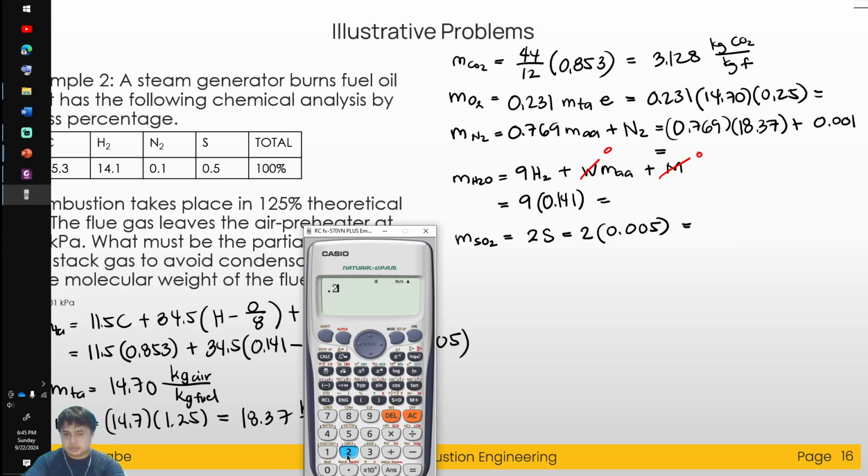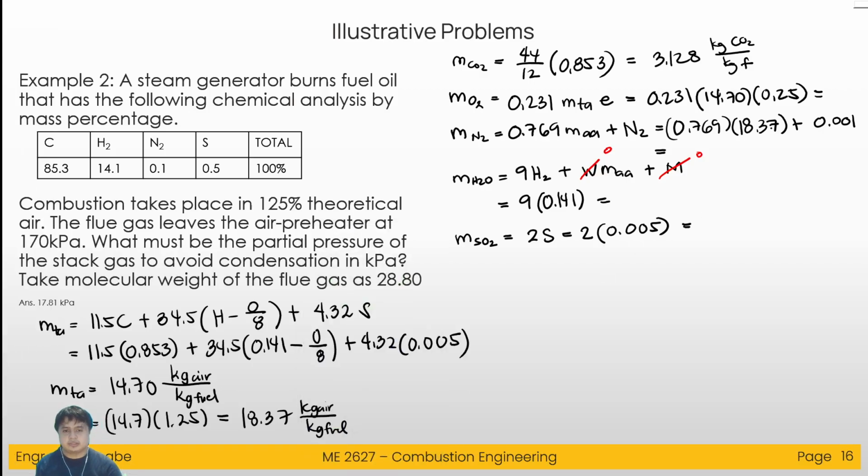So 0.231 times the mass of theoretical air, so 14.7 times excess air. So 0.8489, no? So take note of this. So this is in O2 per fuel, no? Kilogram O2 per kilogram fuel.